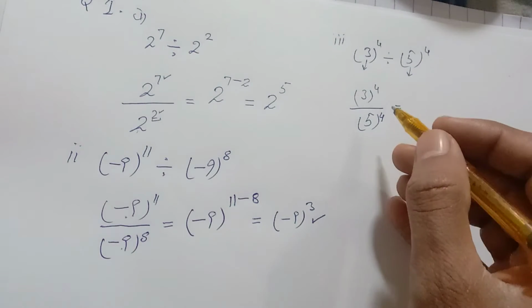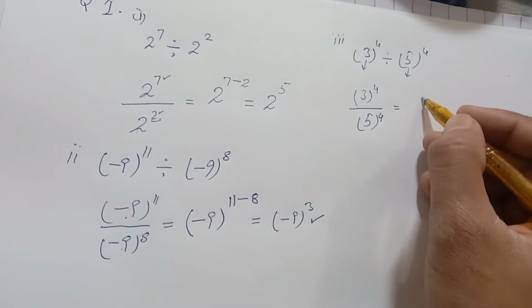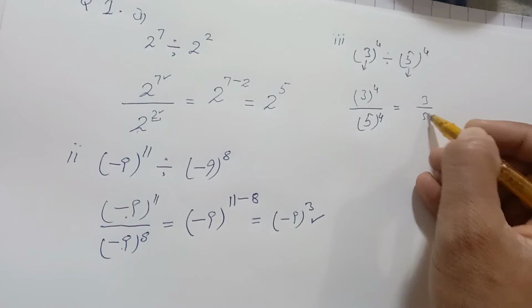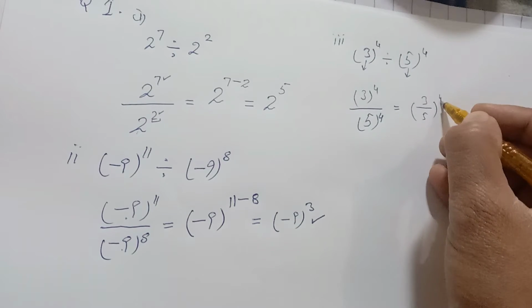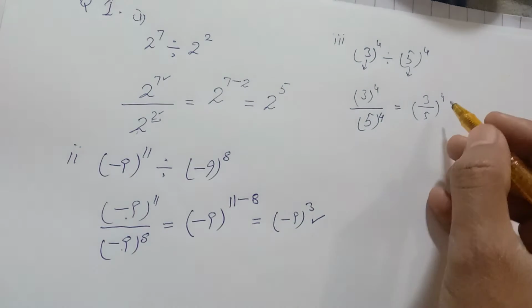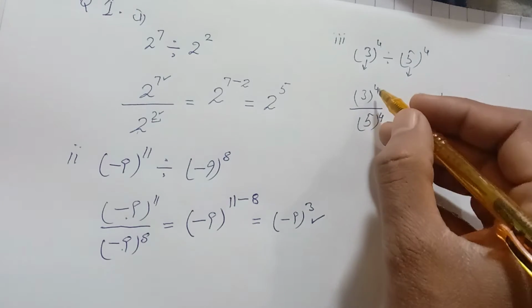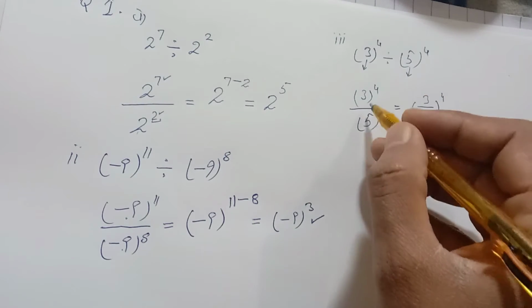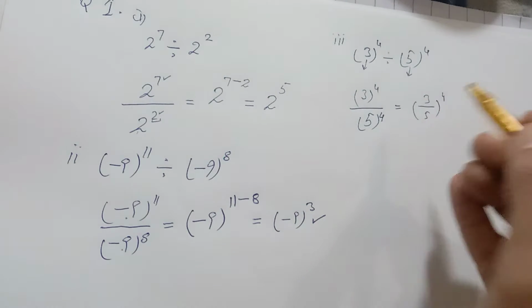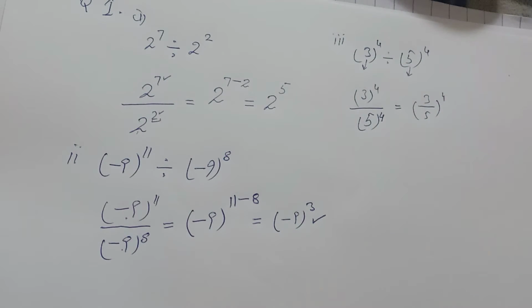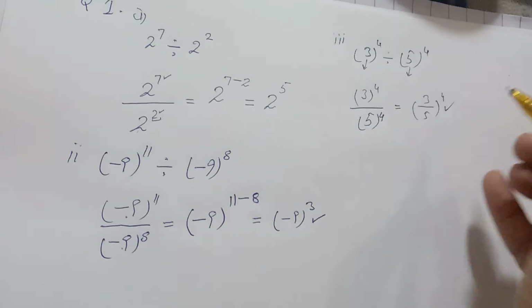When the exponents are the same, we use this method to solve the question: 3 over 5 whole power 4. This is the answer when the bases are different but the exponents are the same. You are allowed to write one exponent for the whole value.